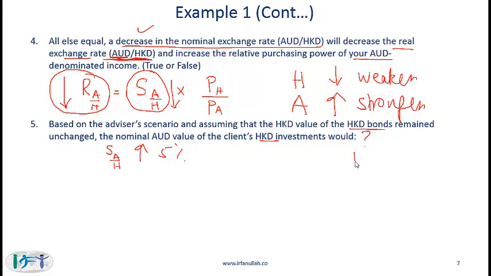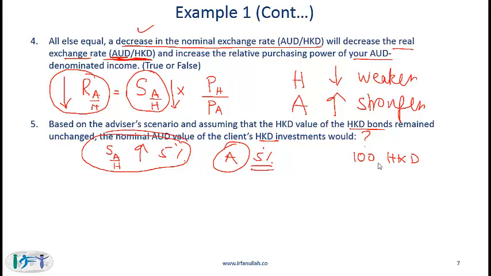Let's say that the bond is worth 100 Hong Kong dollars. The client is in Australia. If the spot exchange rate, as described in the scenario, goes up by 5%, then in Australian dollar terms, the client will be 5% richer. The 5% return is all coming from the exchange rate because in Hong Kong dollar terms, the investment is still worth the same.